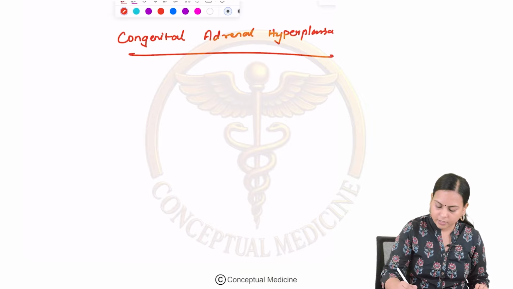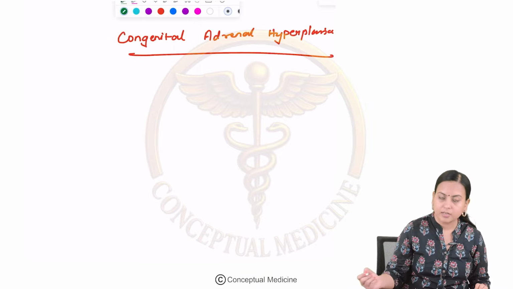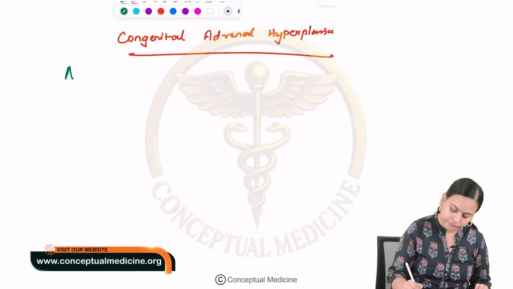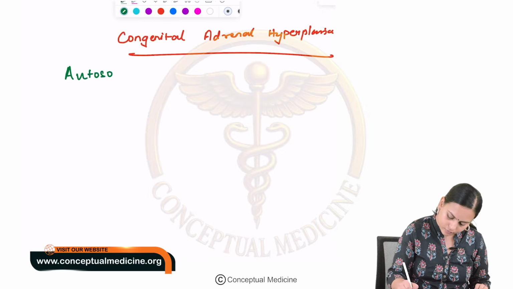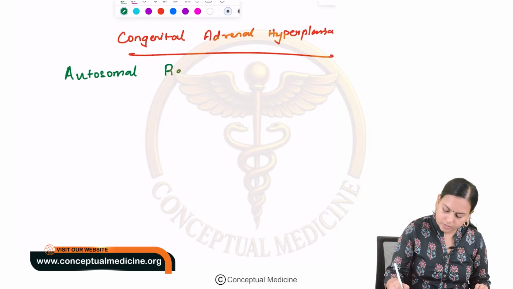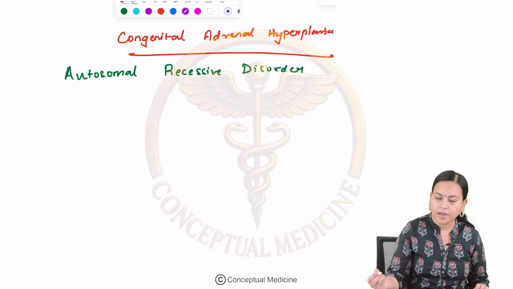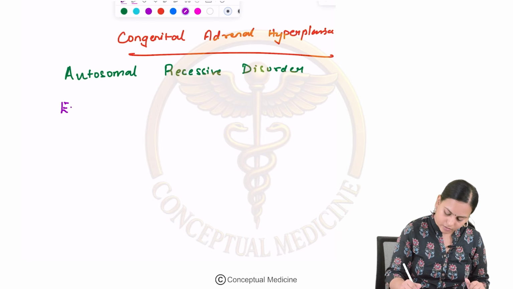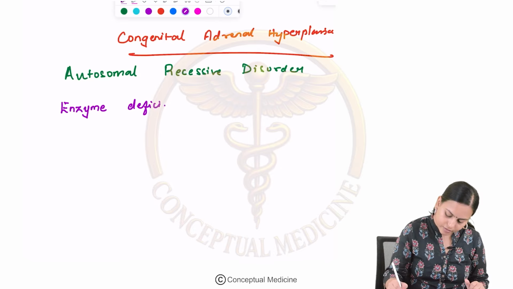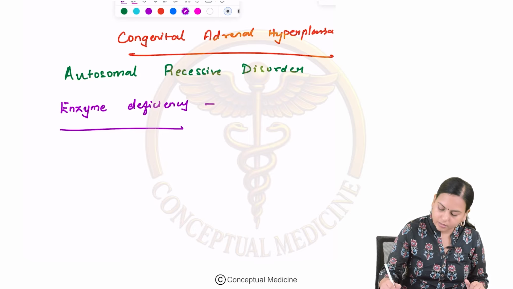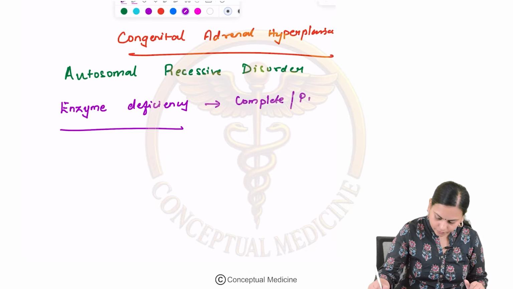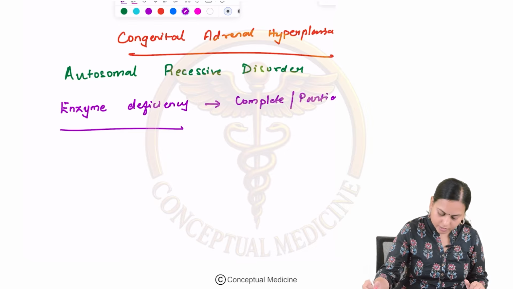Okay, so congenital adrenal hyperplasia is an autosomal recessive disorder. Here you have enzyme deficiency, which can be complete or partial.